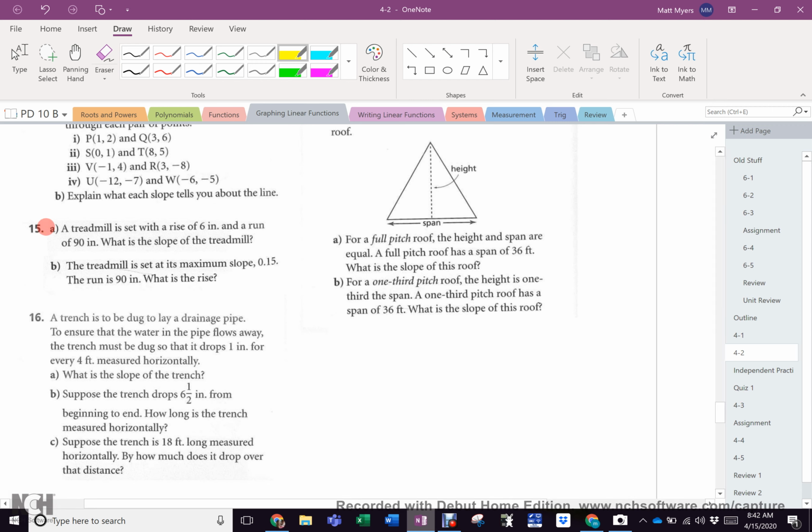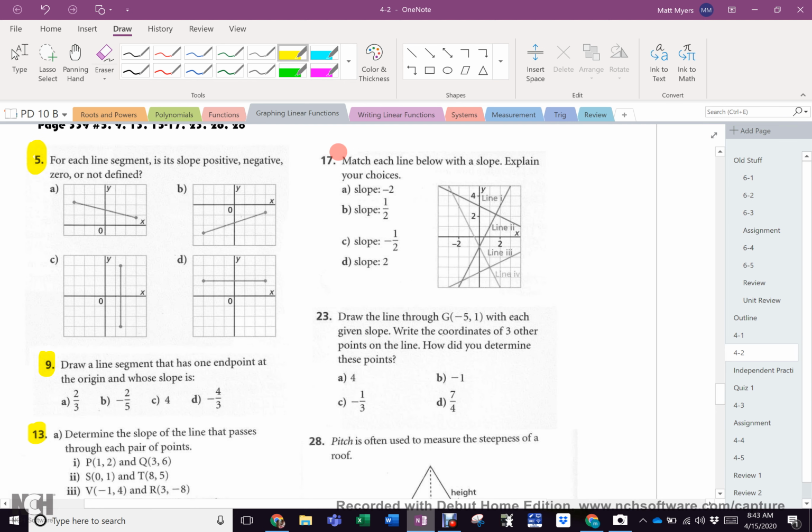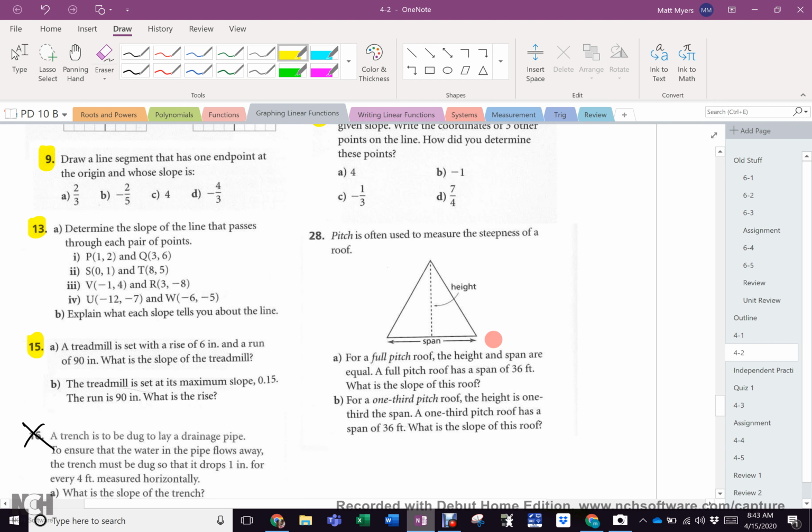I want you to do 15. Don't have to do 16. I want you to do 17. I want you to do 23. Yeah, you can do that one.